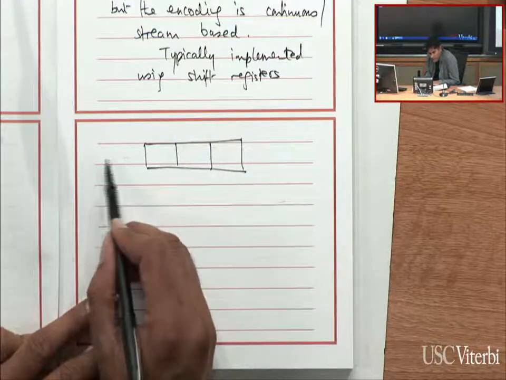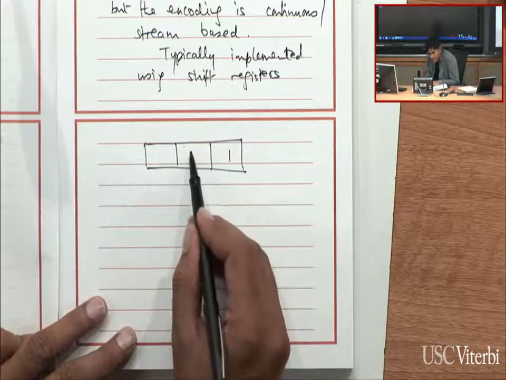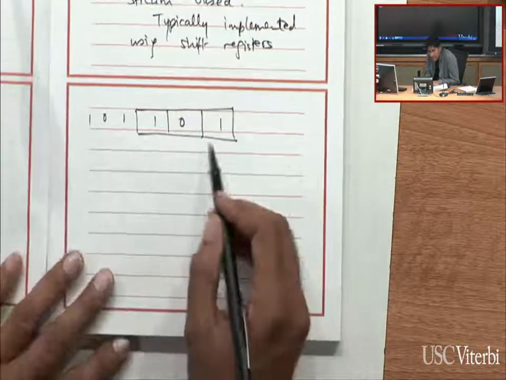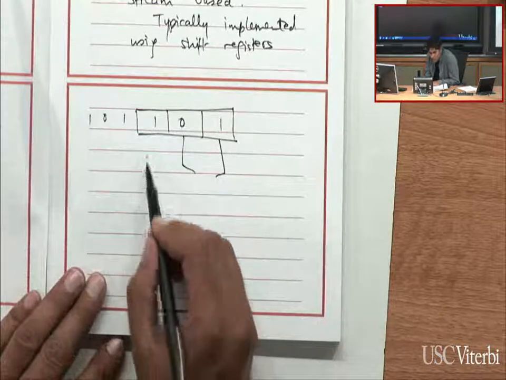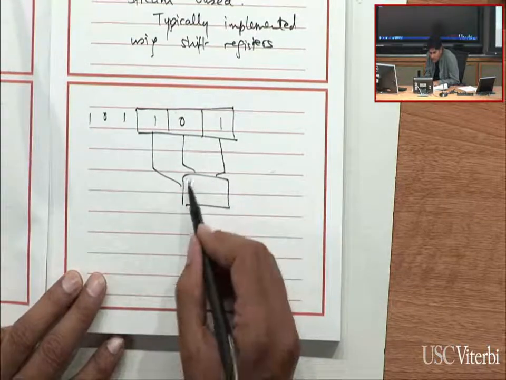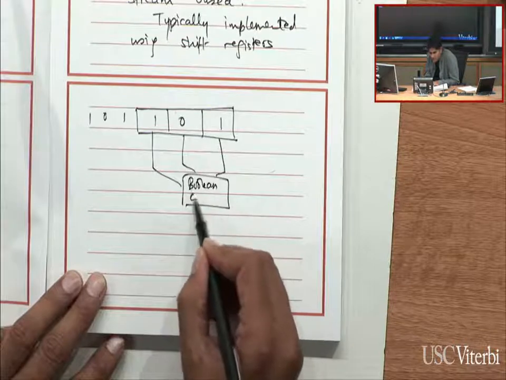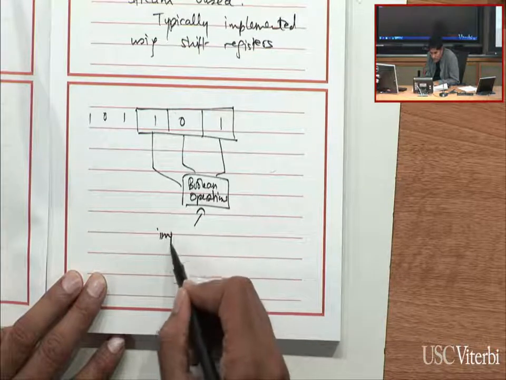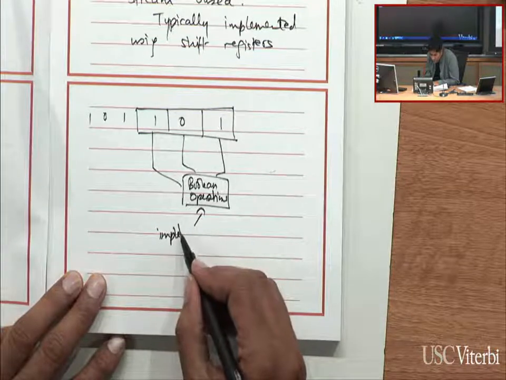So your input sequence at any given time might have some set of zeros and ones as they stream in, and then there's some digital logic operation defined on all of these, some Boolean operations that are implementing the convolutional encoder.